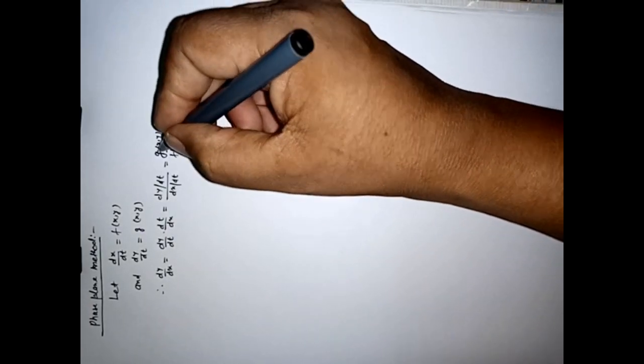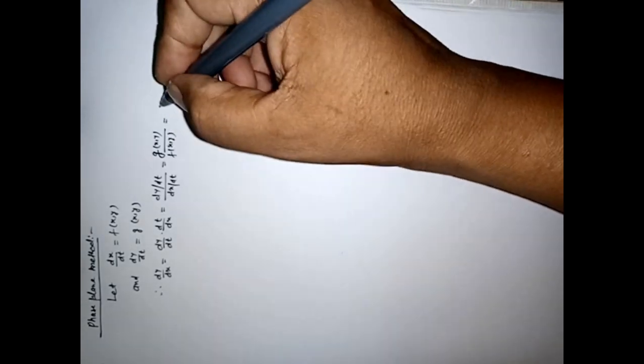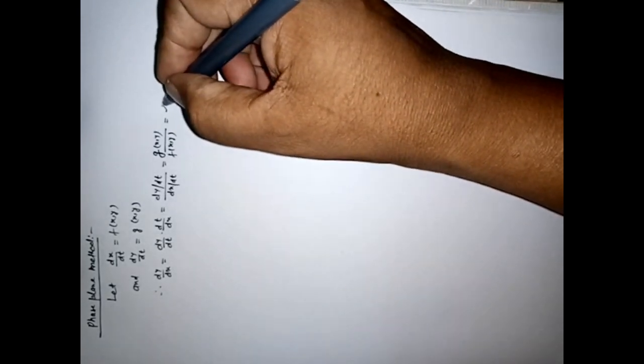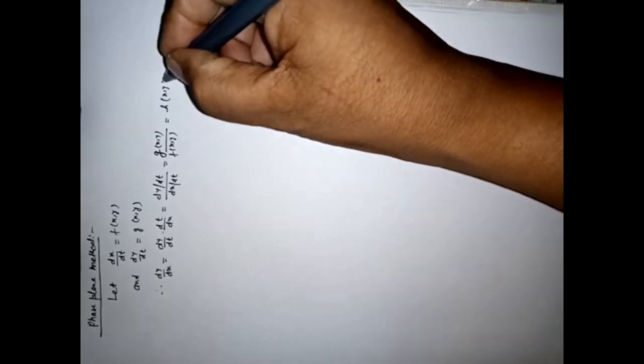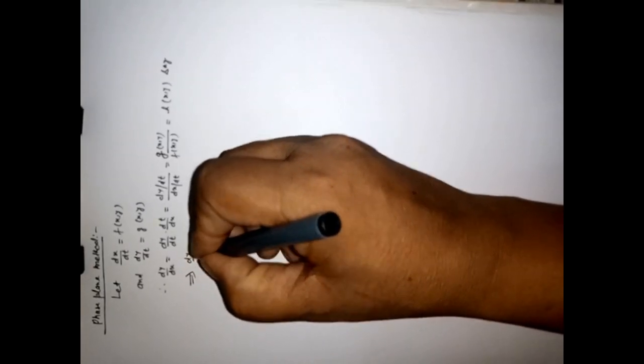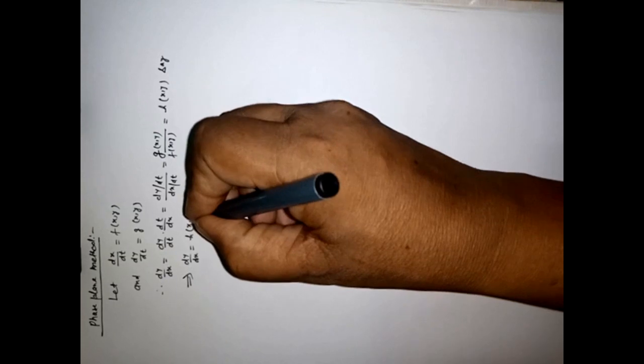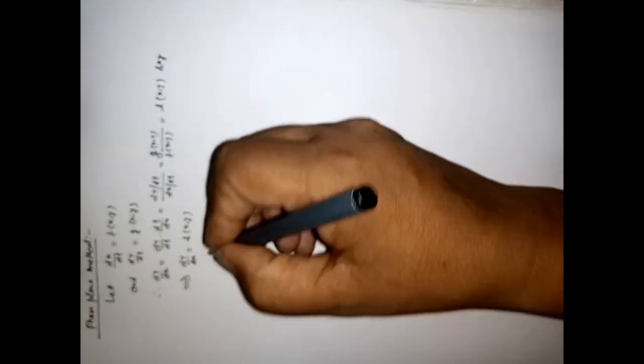Here the ratio g by f is another function, say h of x comma y. This implies that dy by dx is equal to h of x comma y.